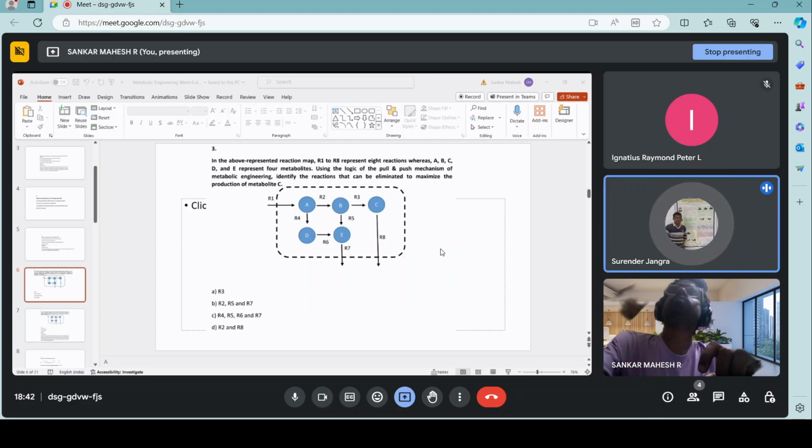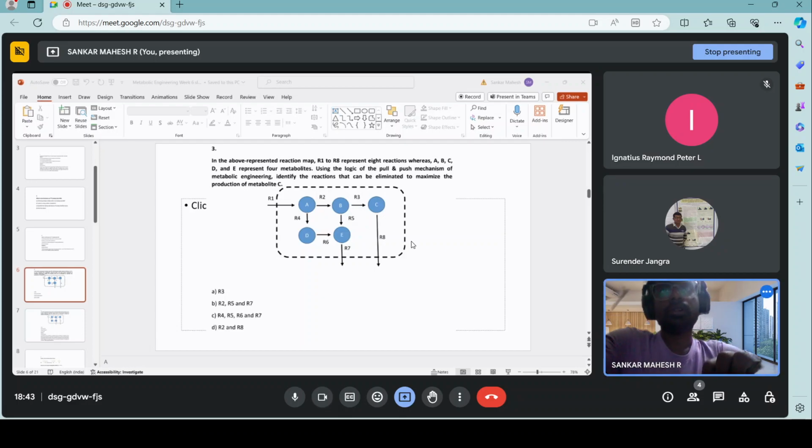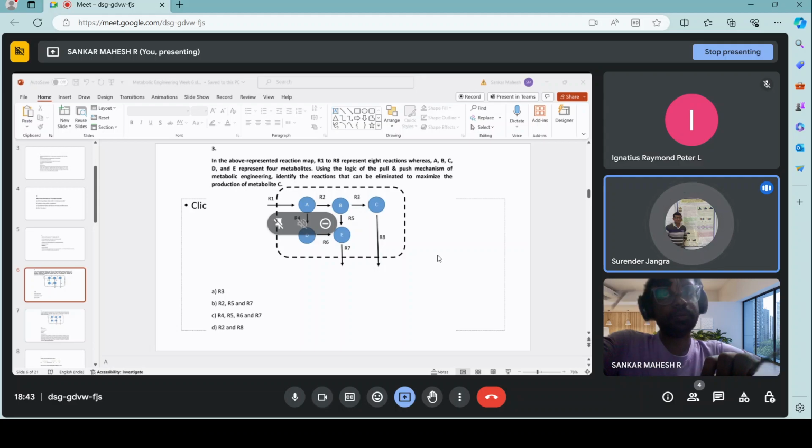And pull means we have to enhance the expression of the last enzyme of the pathway. R3, is it? R8, right. R8.